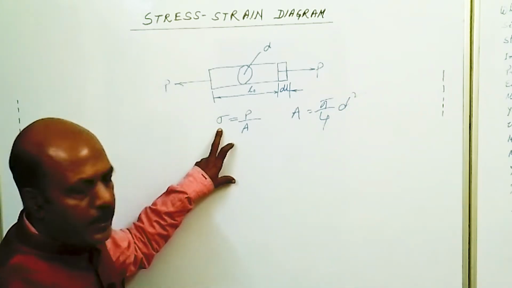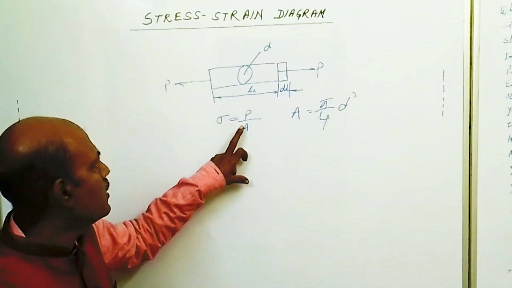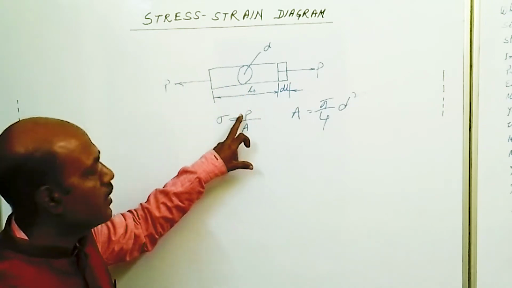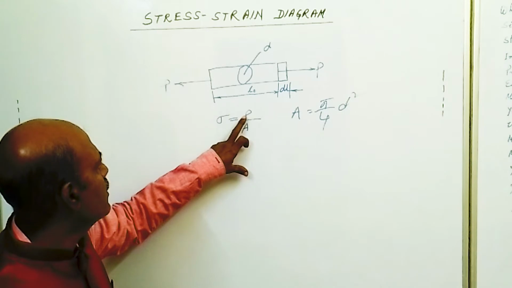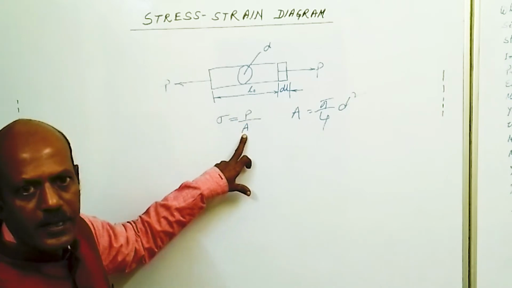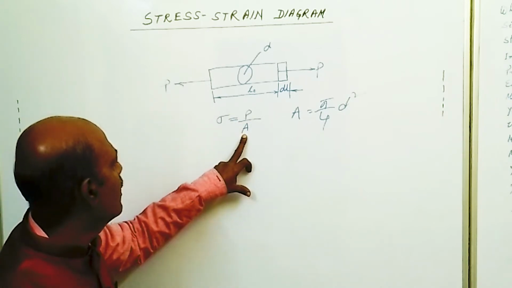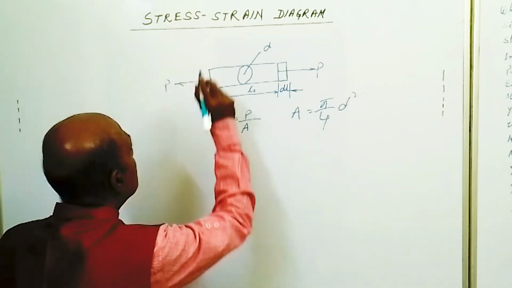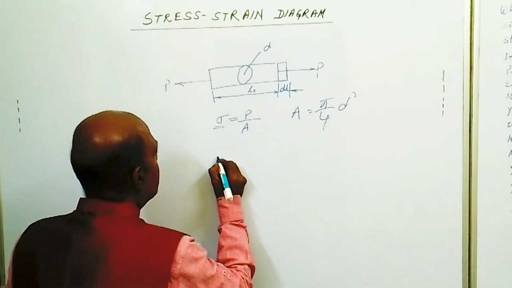If we divide the external load, or the resistance developed which is also equal to the external load, P, by the original cross-sectional area pi by 4 D square, it will give the engineering stress. Similarly, we can get strain.